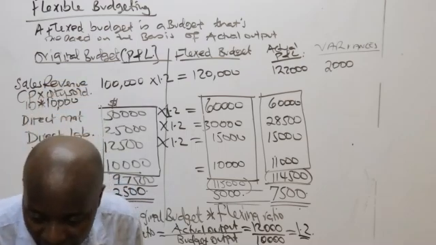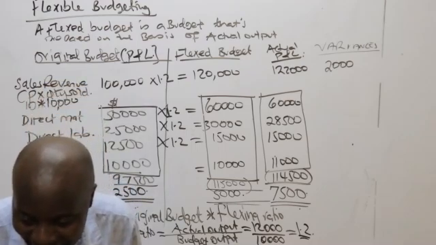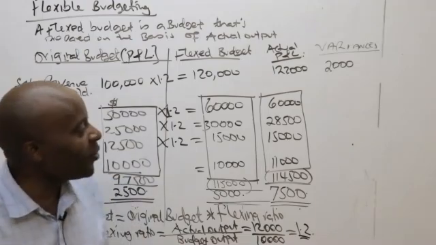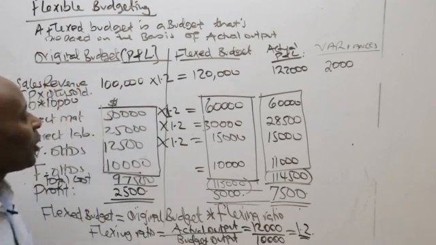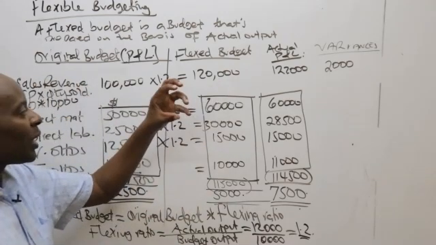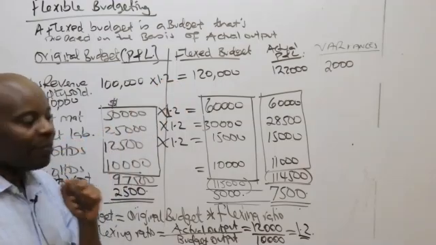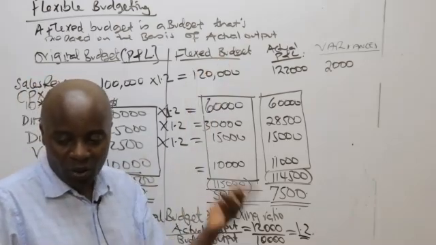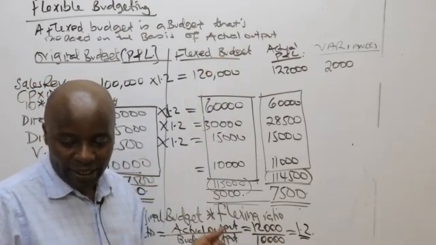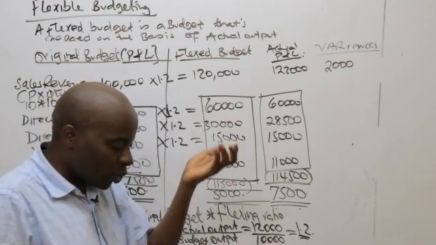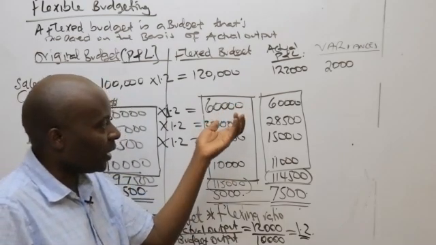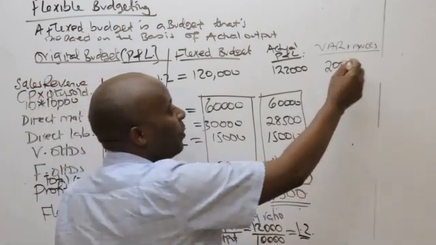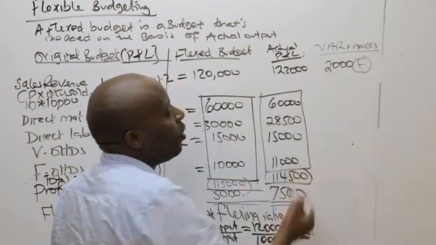Most of them are saying adverse. I have Connie saying favorable. Look at this, ladies and gentlemen. We had budgeted to make 120,000, but we ended up actually making more. So in terms of sales revenue, if the actual sales is more than the budgeted, then we can't complain. So this automatically gives us a favorable variance.